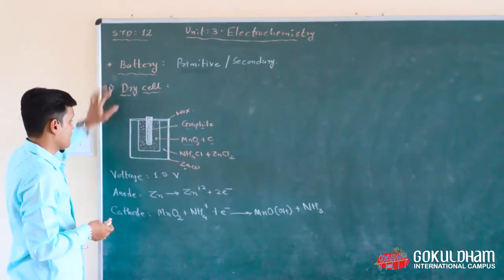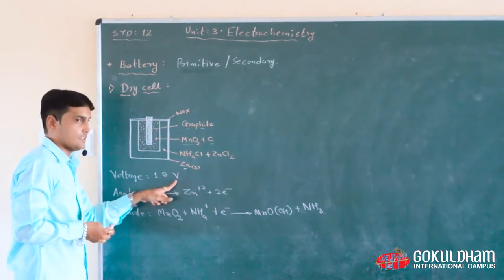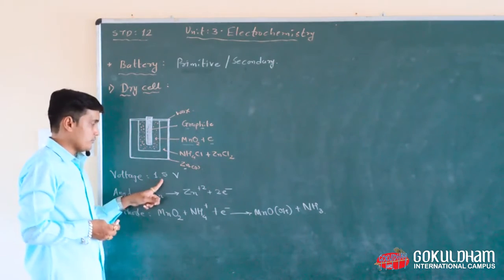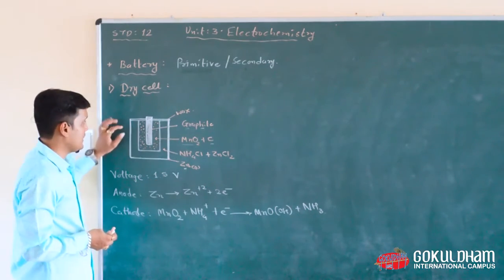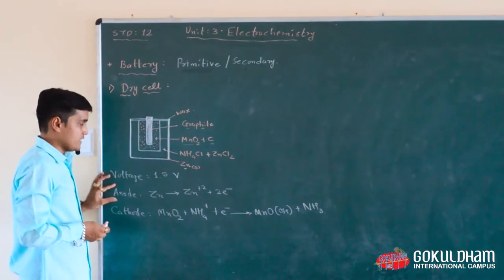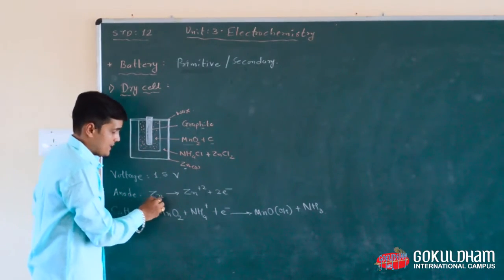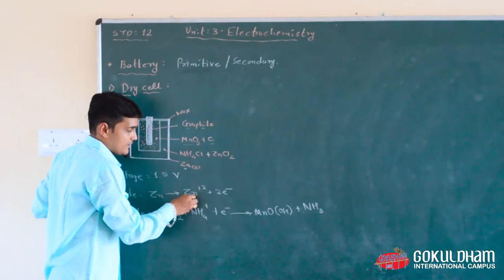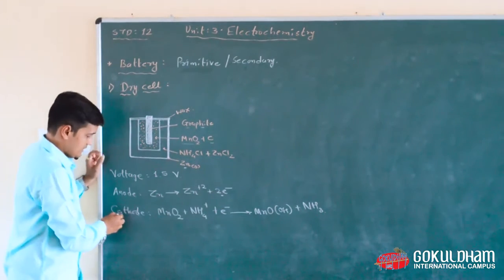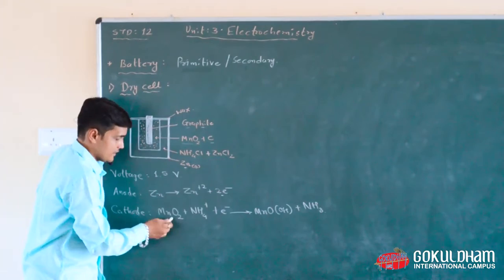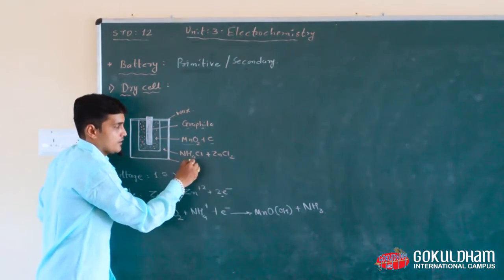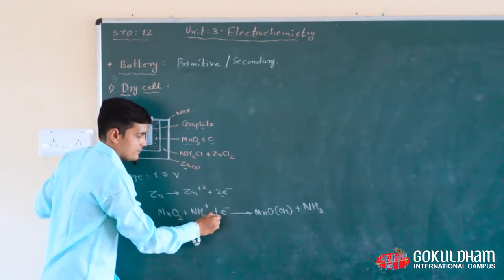In the dry cell, this 1.5 volts is maintained throughout the chemical reaction. This 1.5 does not vary in the one-time chemical process. The anodic reaction is shown by Zn giving Zn2 plus and 2 electrons, and on the cathode side MnO2 plus NH4 plus, which is from the NH4Cl.